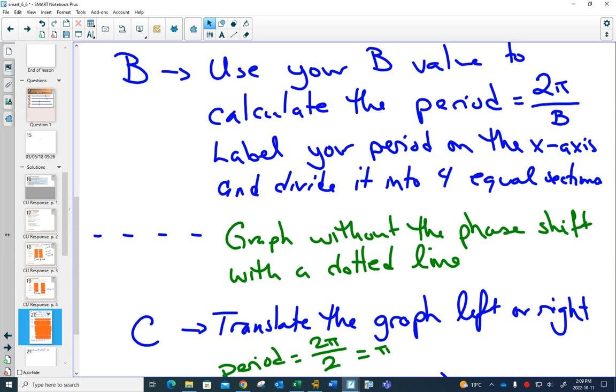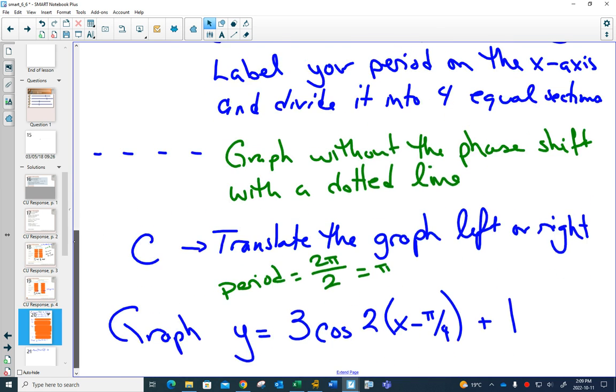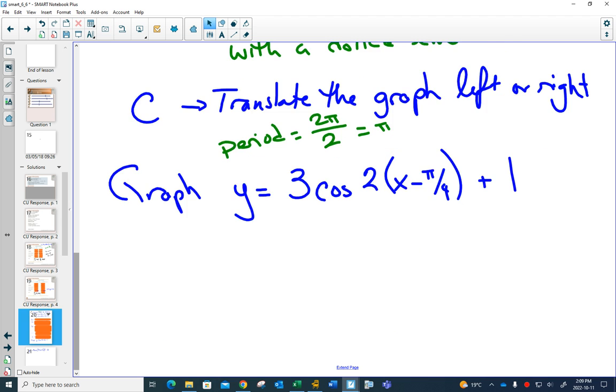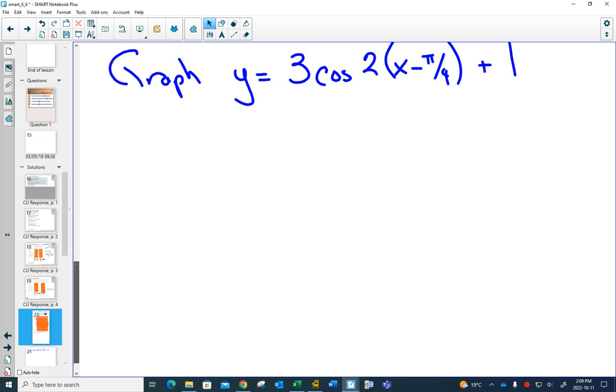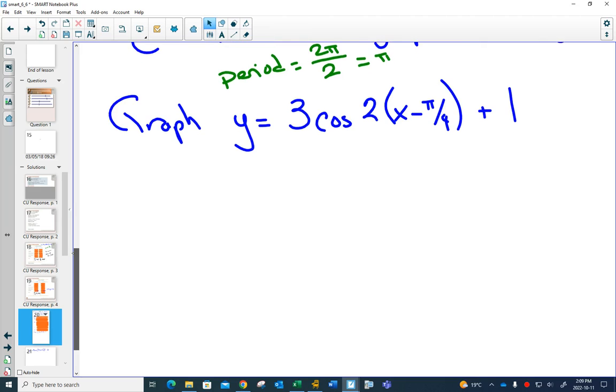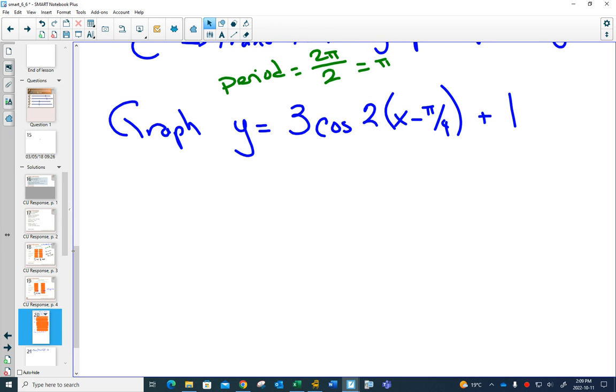All right, so here's our first example, and usually with sine and cos graphs, you get them like this. Graph y equals 3 cos(2(x minus pi over 4)) plus 1.